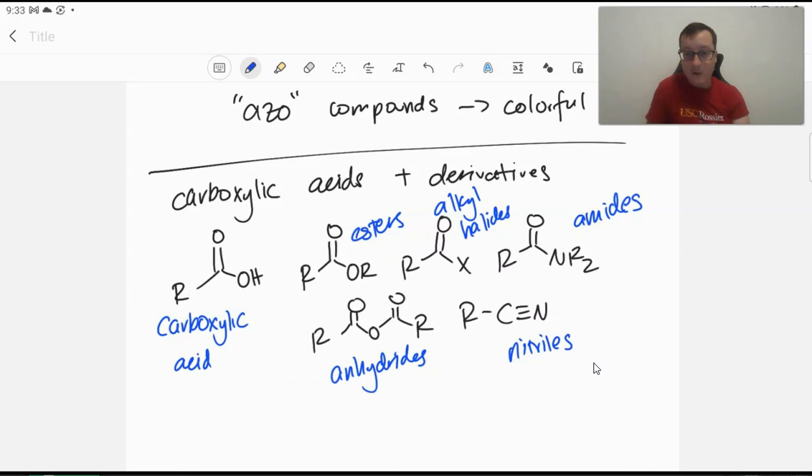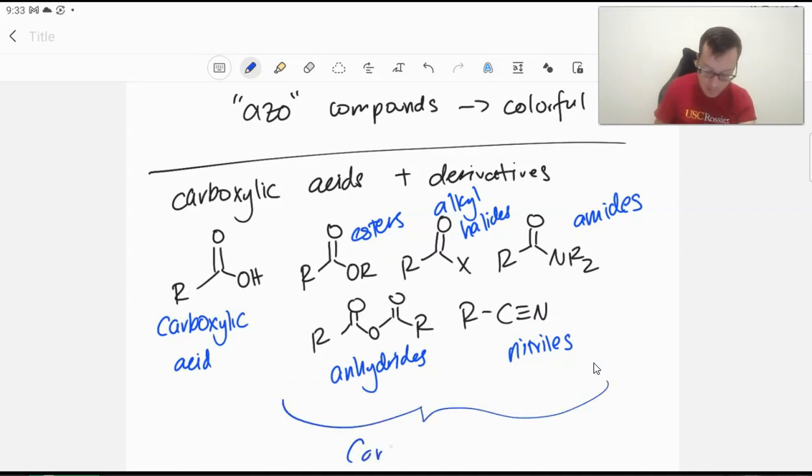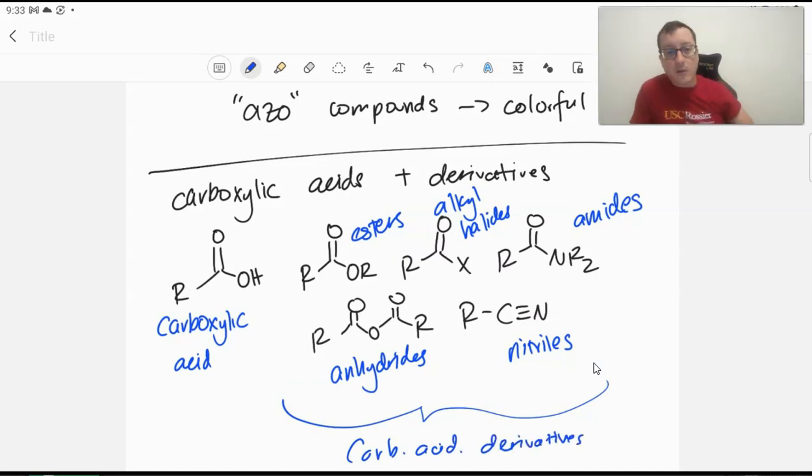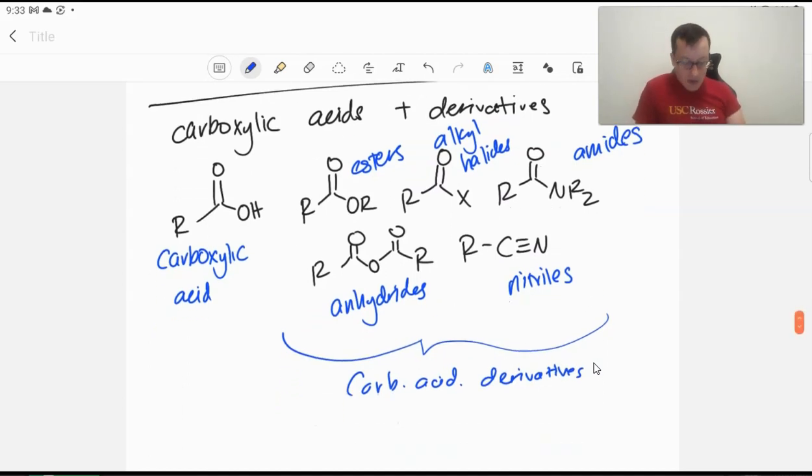So all of these are considered carboxylic acid derivatives, the 5 on the right here. And so carboxylic acid is kind of the main subject, I suppose, though we're going to see that alkyl halides are the most synthetically useful. And amides, on the other hand, are probably the least useful.